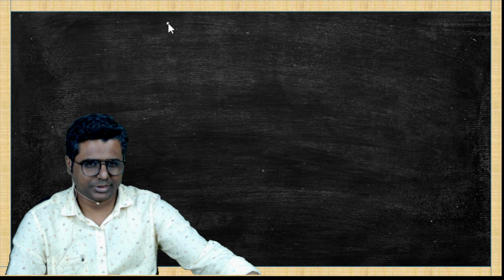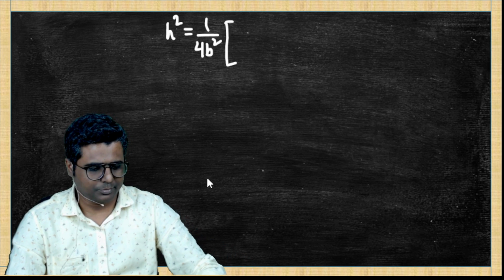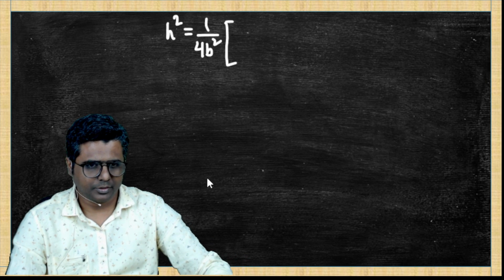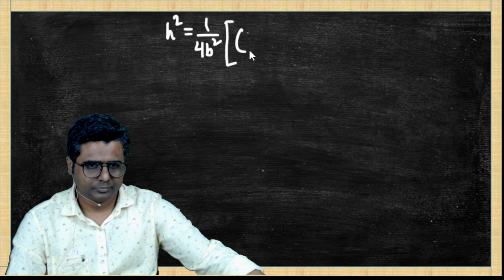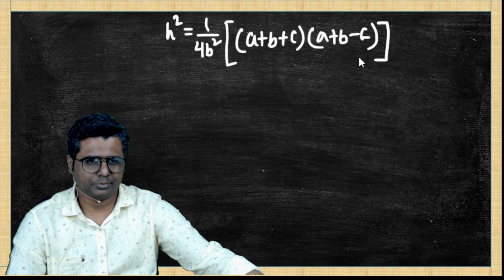So we are still finding out h square, 1 by 4b square. So here it will be (a plus b plus c)(a plus b minus c), right? This will be it.